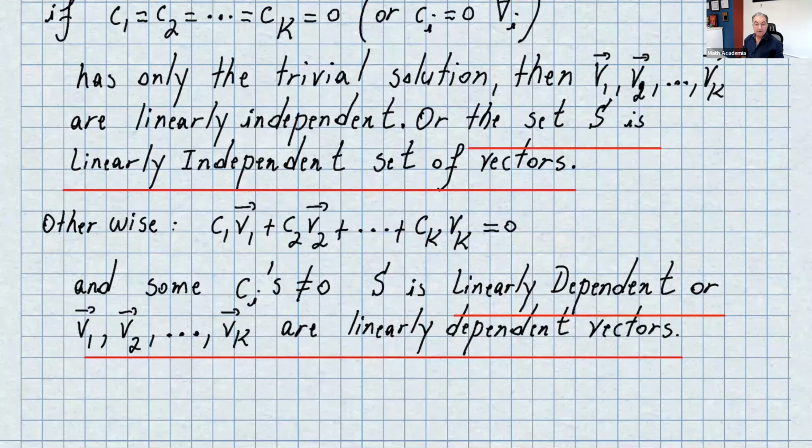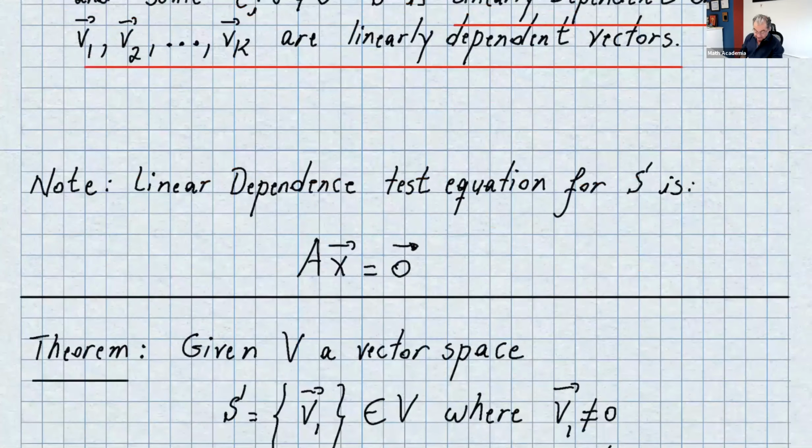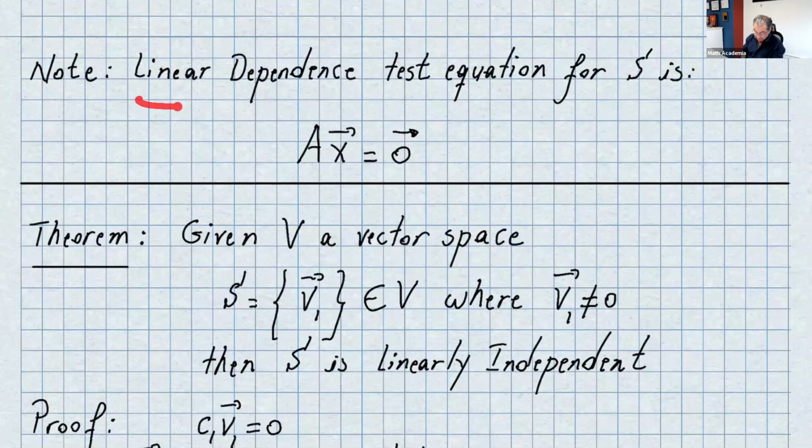Otherwise, when you solve this equation or this system, and at least one of the C's is not equal to 0, and some Ci's are not equal to 0, then you say the set is linearly dependent, or the vectors are linearly dependent. So basically the test for linear dependence is just the homogeneous system AX equals 0.